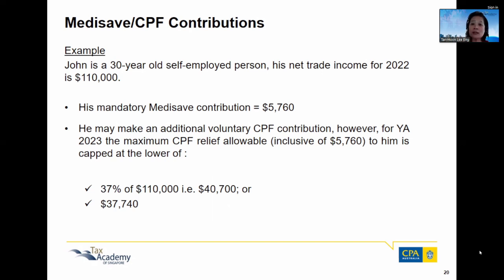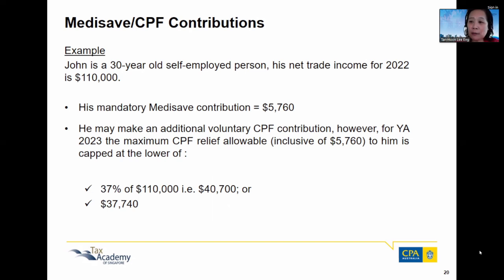Okay, he can make voluntary CPF contribution. We can allow him CPF relief if it's within 37% of net income or 37,740. Looking at 37,740, because that is the max, it would have included the 5,760 since that is the MediSave contribution.